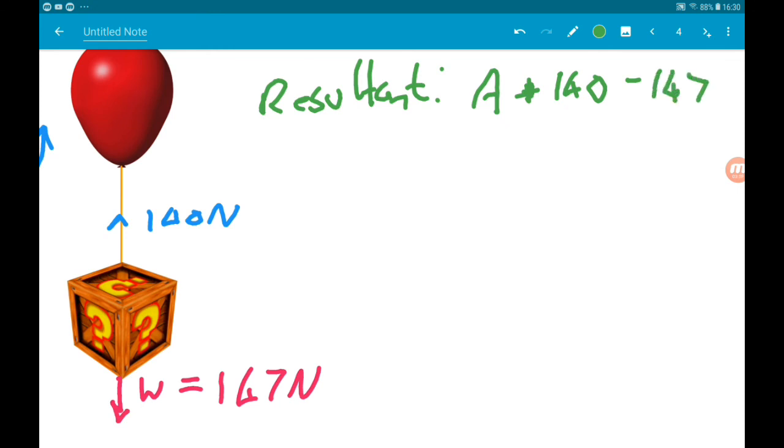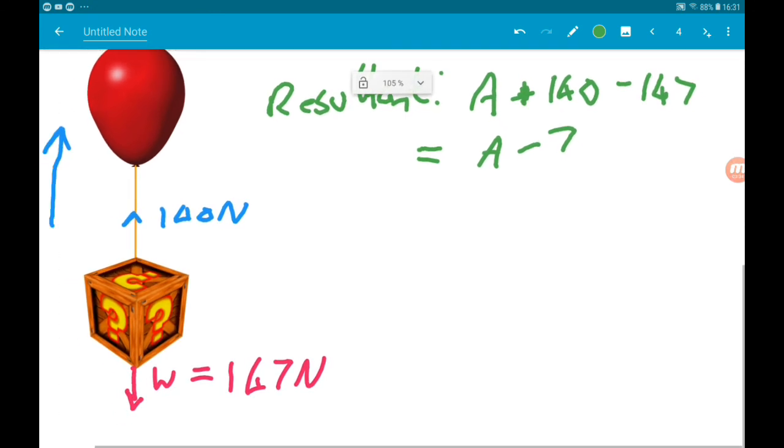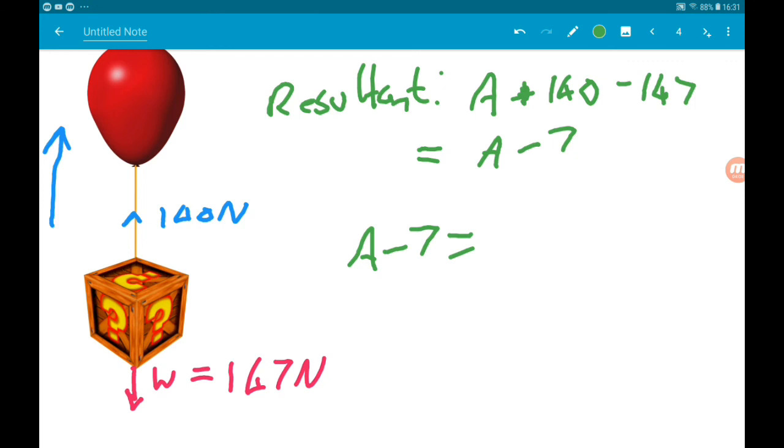Now this gives us A minus 7. We also know that the box is accelerating downwards, so this same force is equal to the mass times minus 1.5. It's minus because it's accelerating downwards. So we also know then that A minus 7 is equal to 15 times minus 1.5.